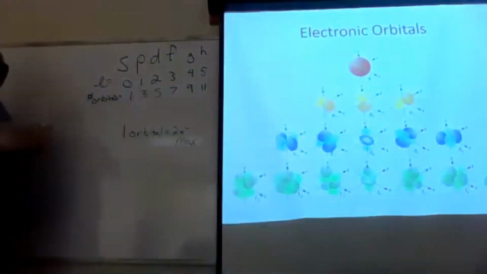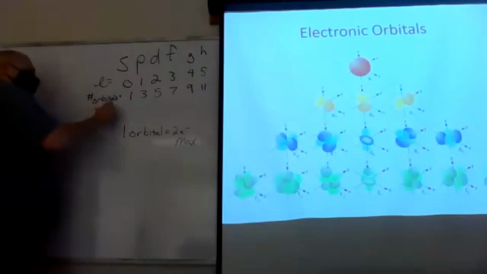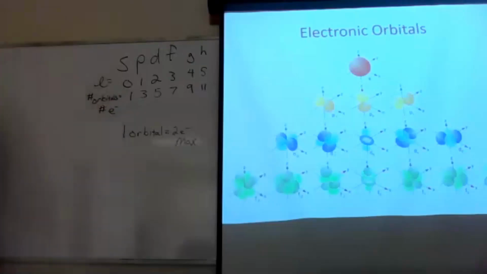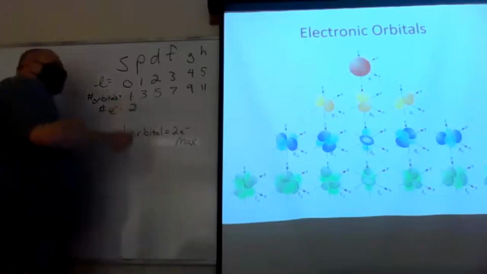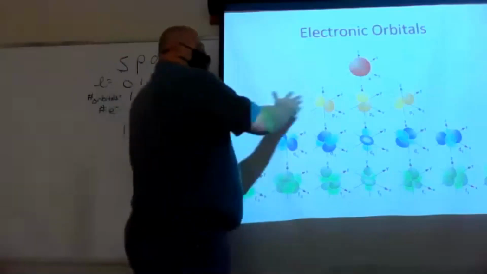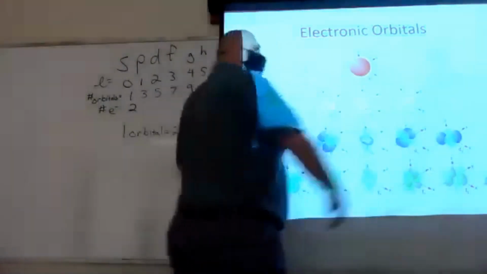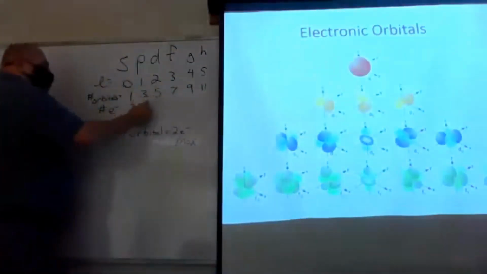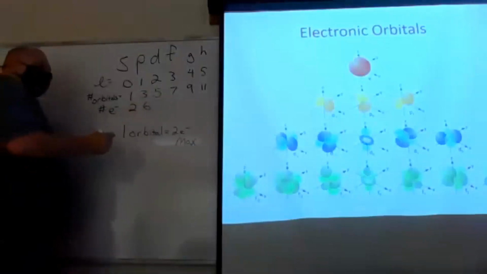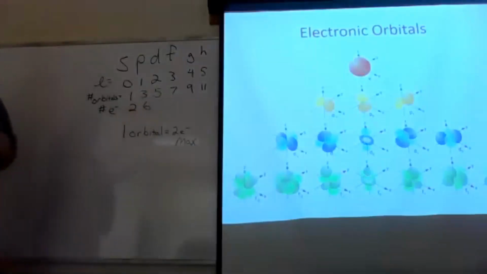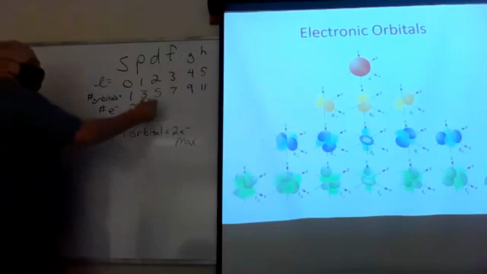So my S's, how many electrons total can fit in my pictures for the S's? Well, I only got 1 picture, so how many electrons? 2. How many can fit total for my P's? Well, I can put 2 in here, and 2 in here, and 2 in there. 6. How about for the next one? 10.